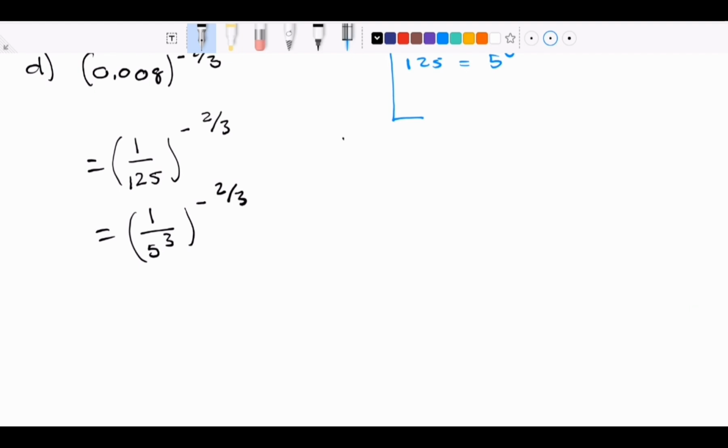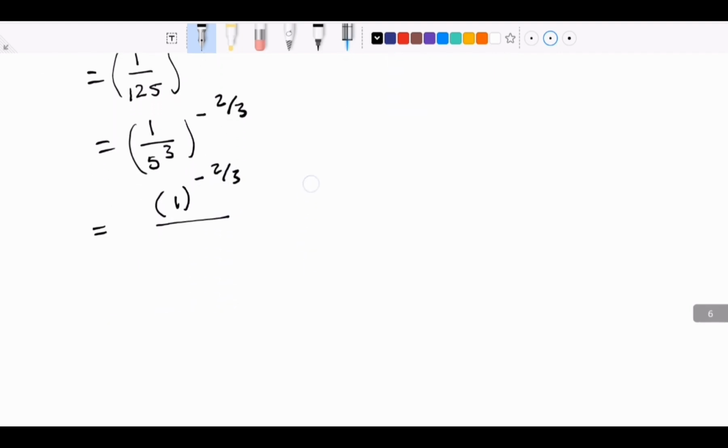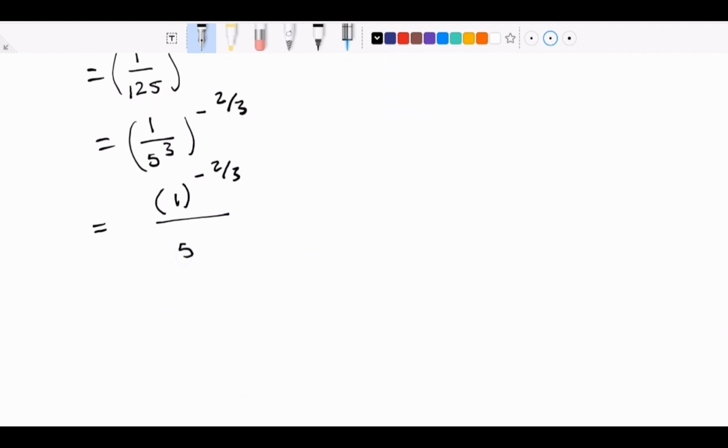Okay, so the next standard procedure is to what? Is to distribute our exponent, the outside exponent now. So when we do that, we get 1 to the power negative 2 over 3 divided by 5 to the power 3, all that to the power negative 2 over 3. You get it? Okay, we move on now.